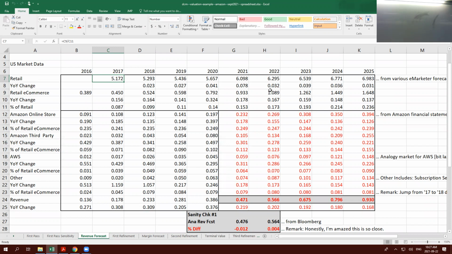Although, to the extent that e-commerce is an important driver of cloud-based services, then it's maybe not so terrible. Everyone okay with everything I'm saying so far? So I take a look at percentage of e-commerce, and this also seems to be trending up.